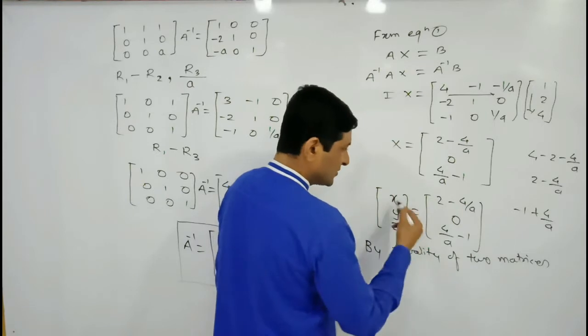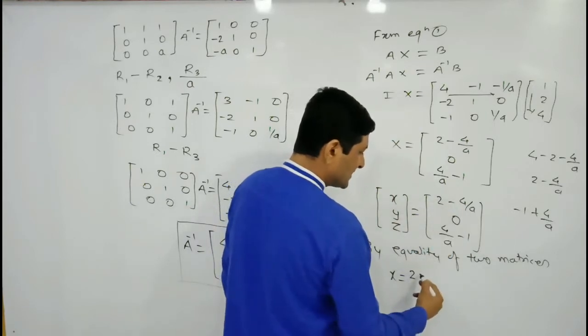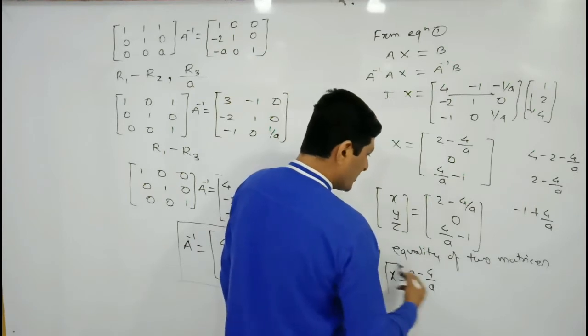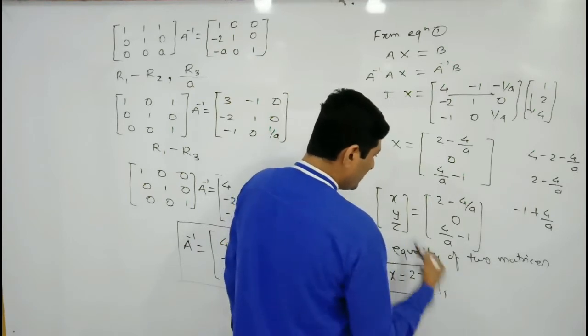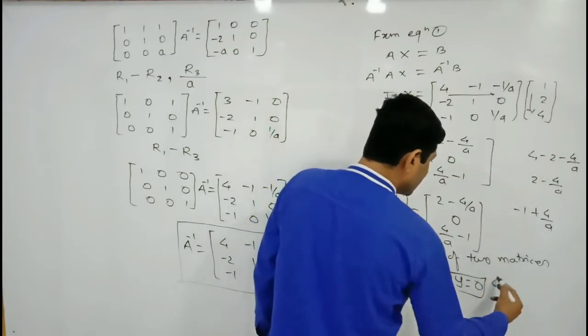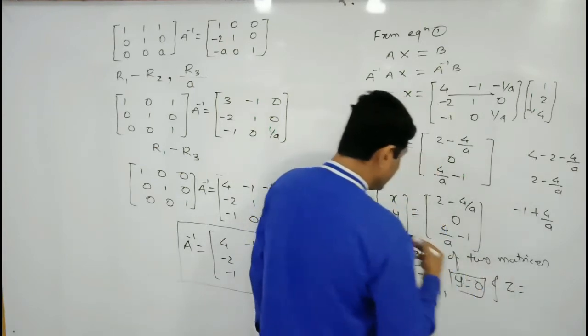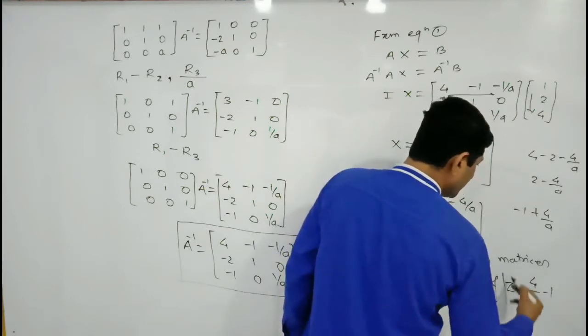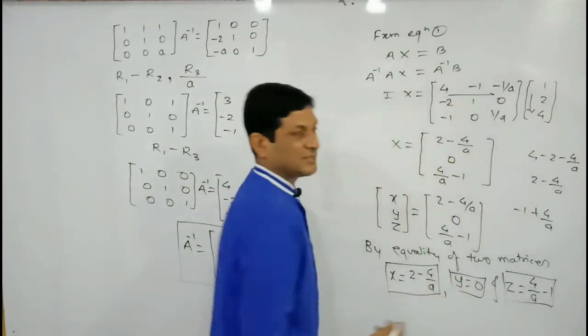X is equal to the corresponding element, 2 minus 4 by a. In this way we have got the value of x. The value of y will be equal to 0, and z is equal to 4 by a minus 1. In this way we have got the required values of x, y, z.